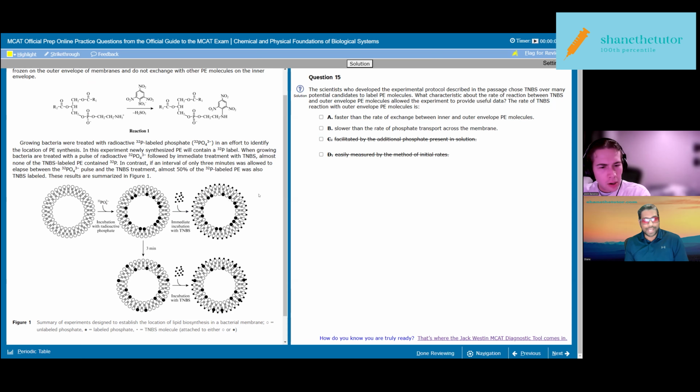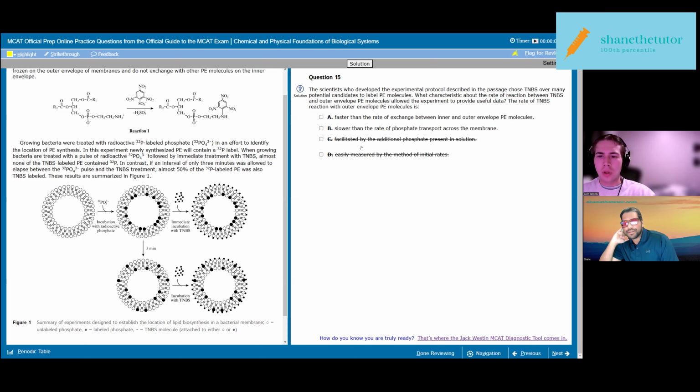Even though we're given a reaction, we don't talk at all about kinetics, because kinetics have to do with rates of reactions, right? So we don't talk about rates. So D is out. C is saying facilitated by the additional phosphate present in solution.